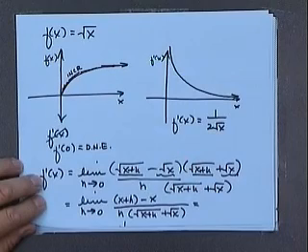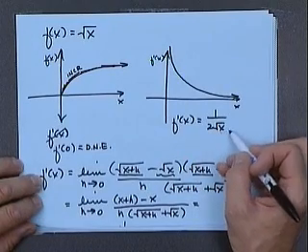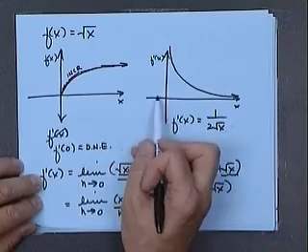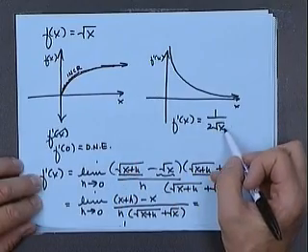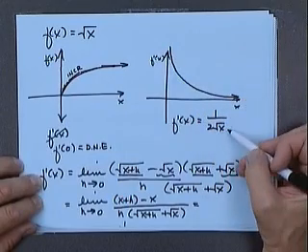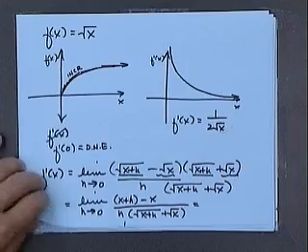Right? x can't be 0 because then we'd be dividing by 0. You have to put in a positive number for x; you can't put in a negative number. That's why the graph doesn't exist over here. And as you put in larger and larger values of x, the graph is getting smaller and smaller, but never 0. So that seems to be a pretty good match between those two.